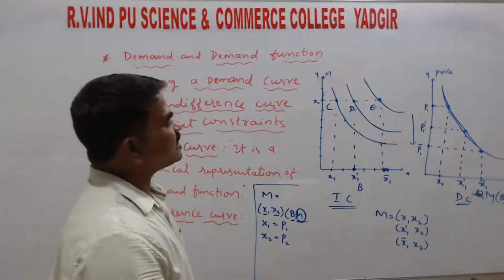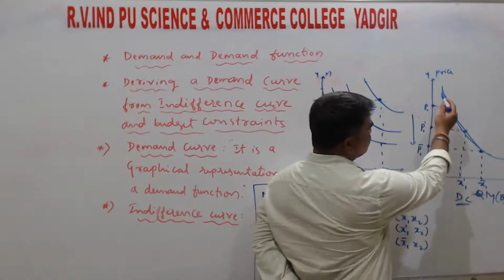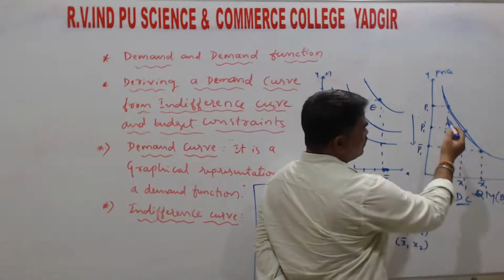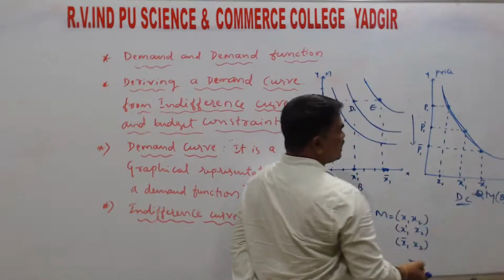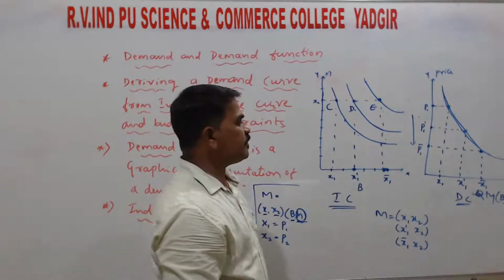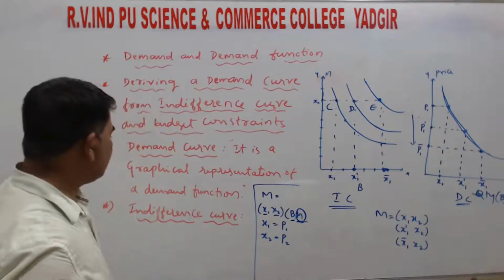If you see this curve, the demand curve is always negatively sloped. It is a downward slope. That is why there is a negative relationship between price and quantity. I'll mention that here.